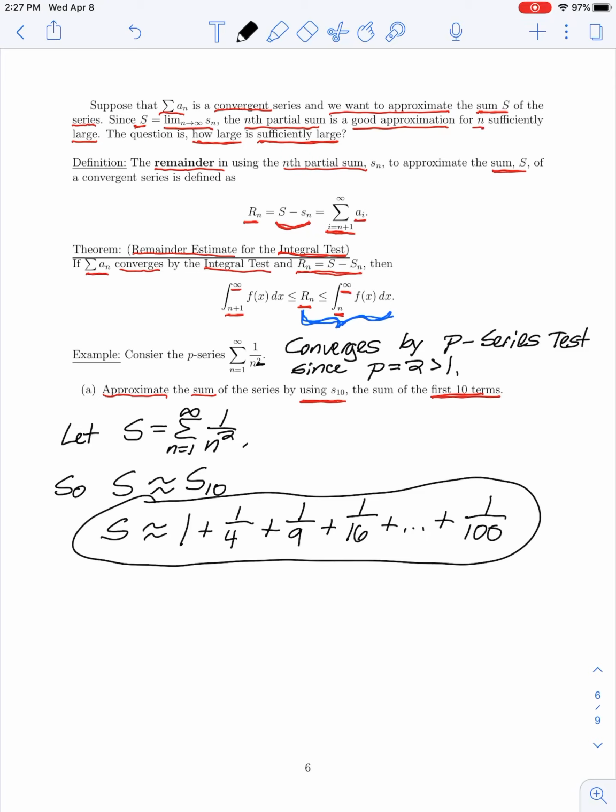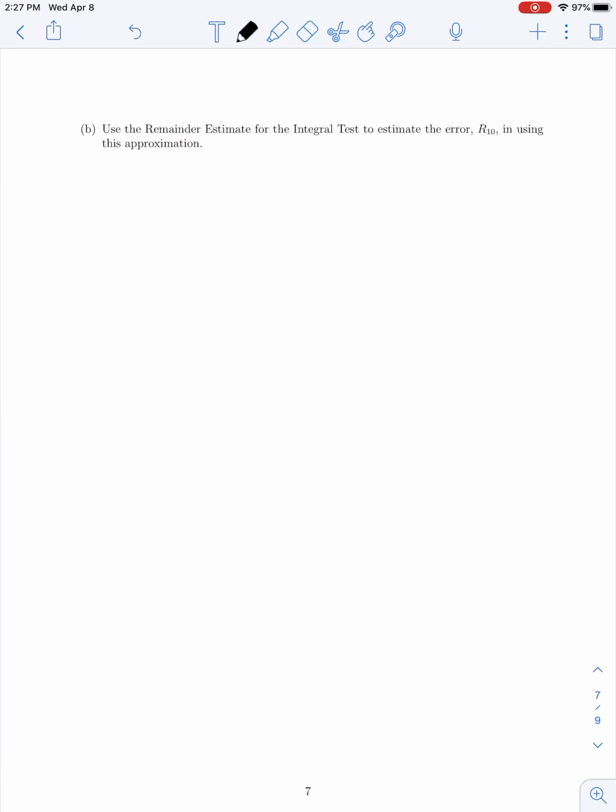Now we might ask, okay, if we're using that as an approximate value of our sum, how good of an approximation is that? So in part B of this example, we are told to use the remainder estimate for the integral test to determine the error R sub 10 in using this approximation.